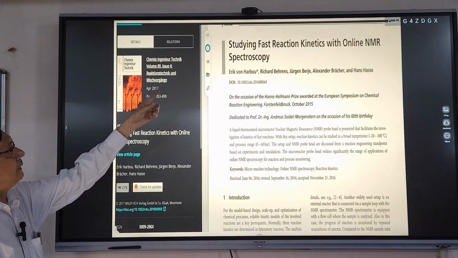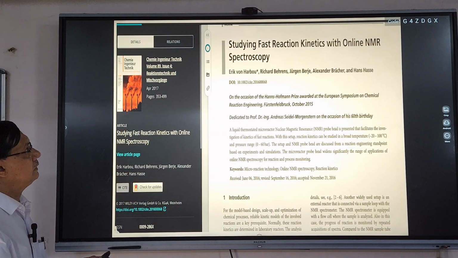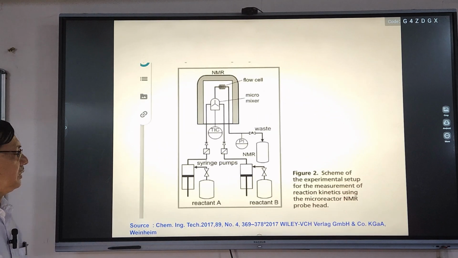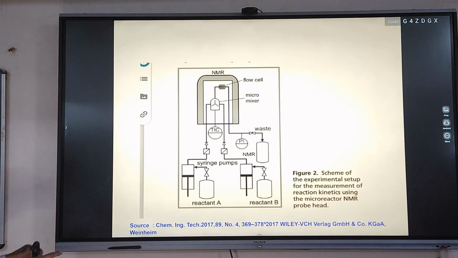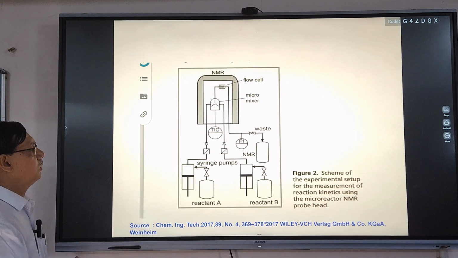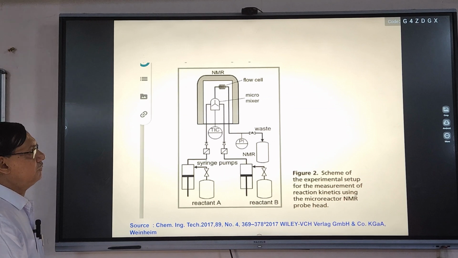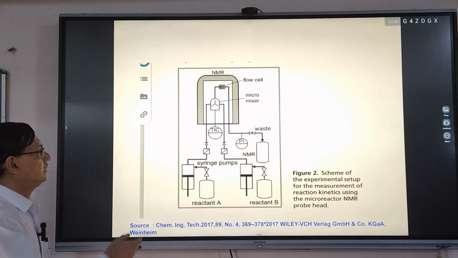The title is Studying Fast Reaction Kinetics with Online NMR Spectroscopy. You have already studied the fast reaction techniques like stopped flow, temperature jump, pressure jump, or femtosecond spectroscopy. So everything is the same, the only thing is that it is a magnet.